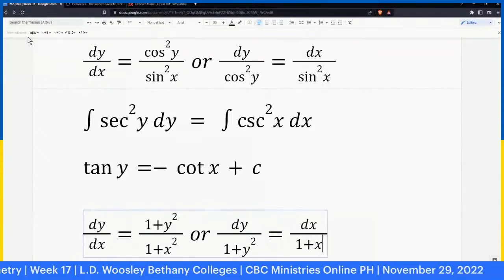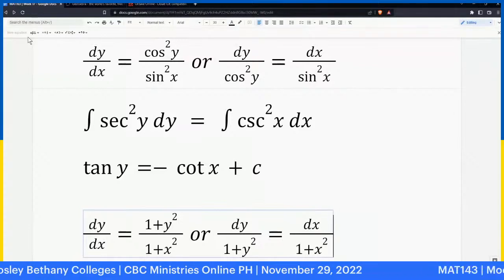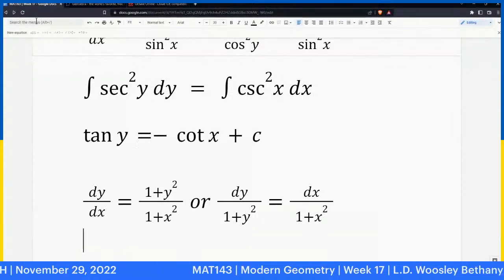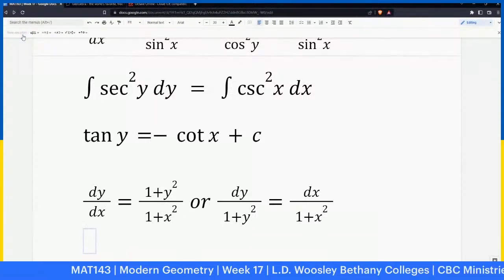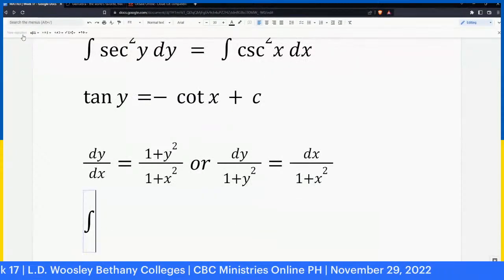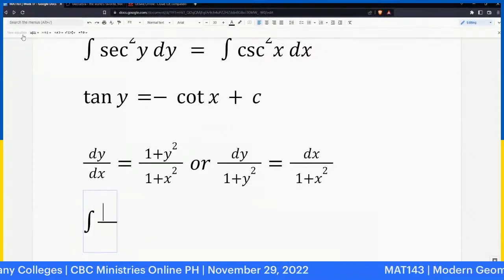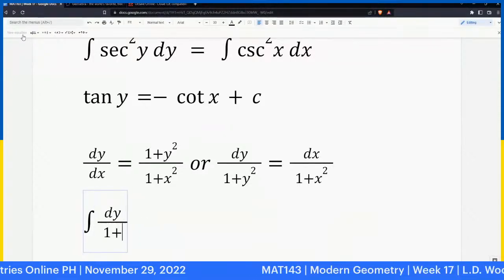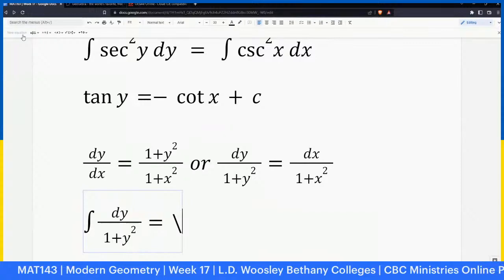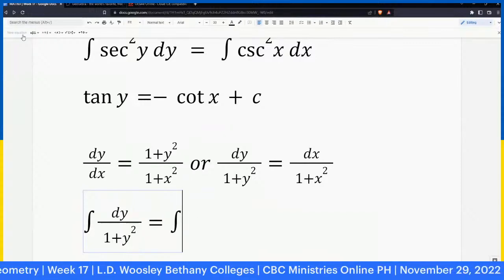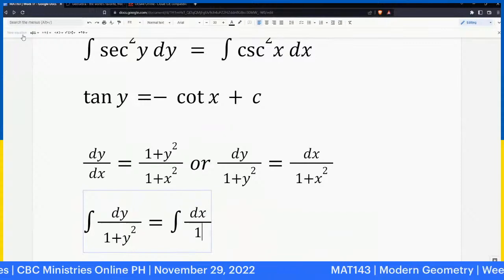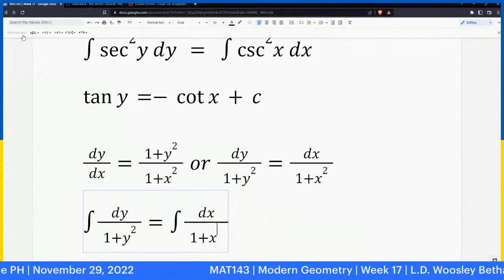Okay, so please integrate. What will be the integral? What will be the integral of dy all over 1 plus y squared, which is equal to the integral of dx over 1 plus x squared?